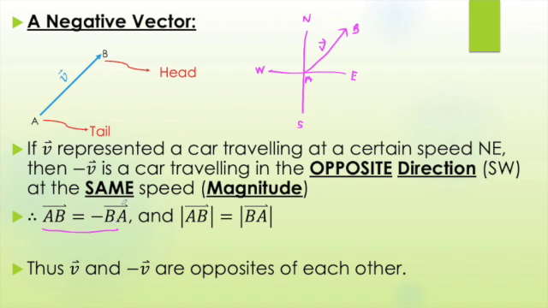Those arrows, you draw them in the same way, but you put that negative there, and you are going to put them in reverse. Okay, thus V and negative V are opposites of each other. So it's just opposites. Opposite means opposite direction, same speed, okay, or magnitude.